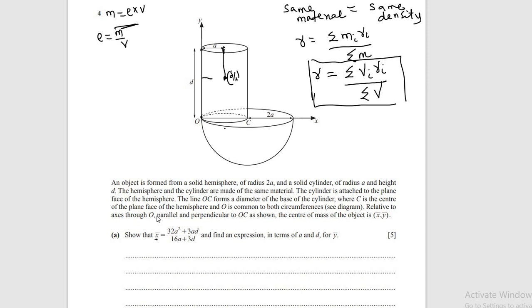So it's somewhere here, A and D over 2. That's for the cylinder.